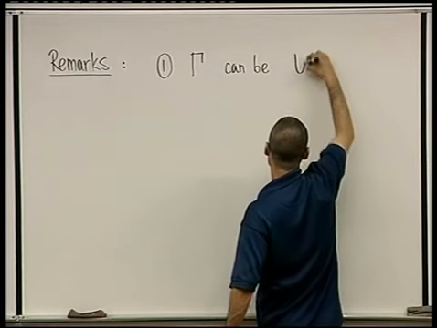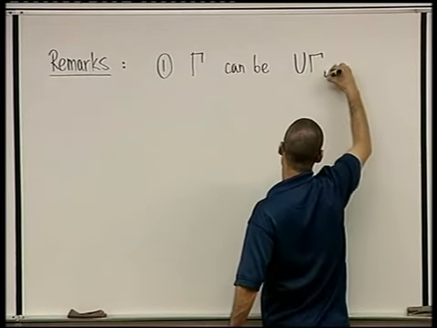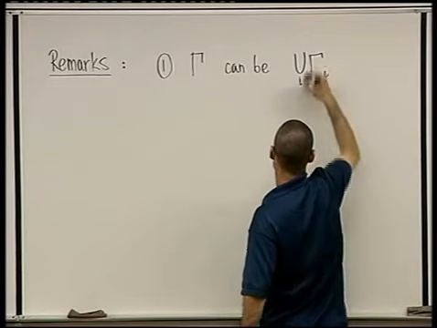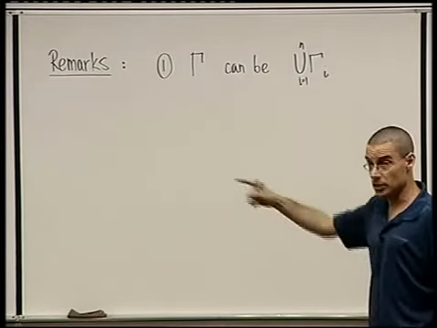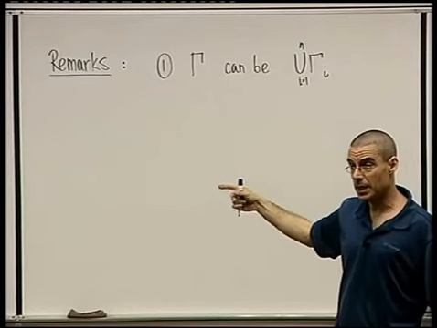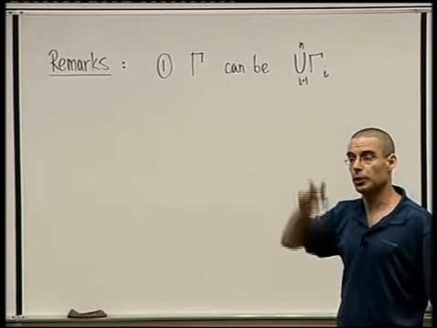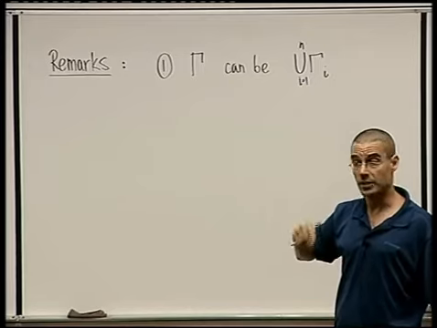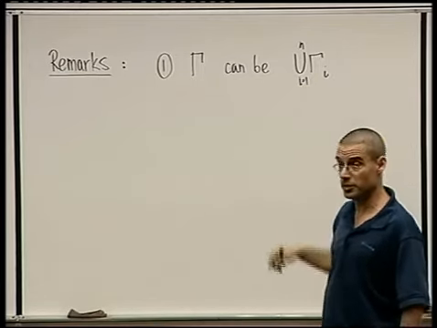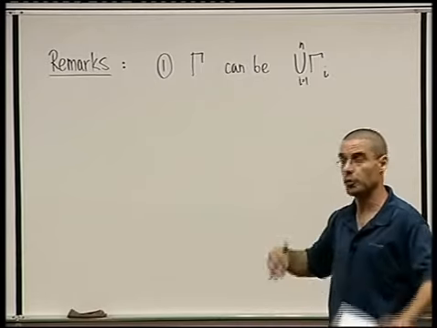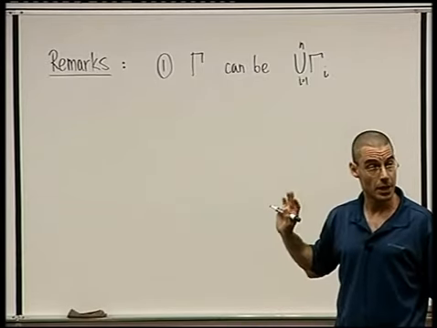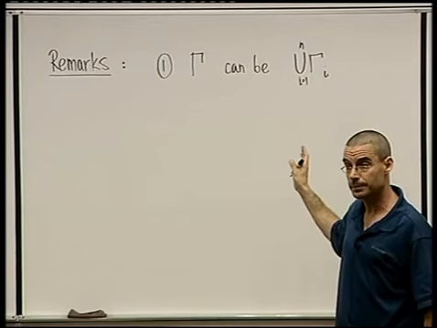Gamma can be the union of gamma I, union over I equals 1 to n, meaning that gamma can be, just like in that drawing that we made, comprised of several simple closed components. Okay, as long as they fit in nicely in this positively oriented business as together forming a boundary of the domain D. Okay, is this remark clear?